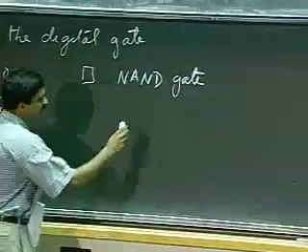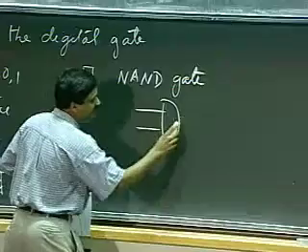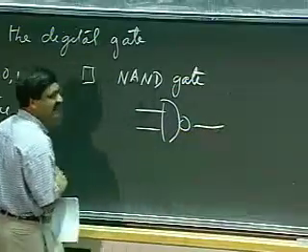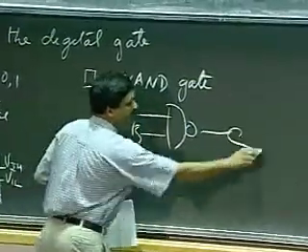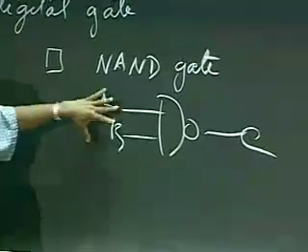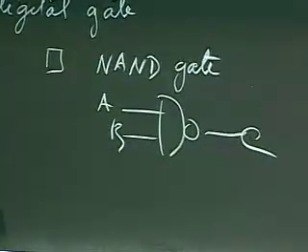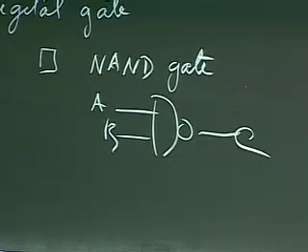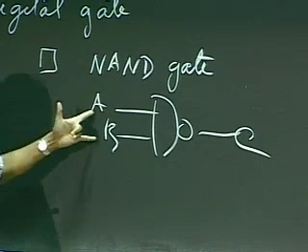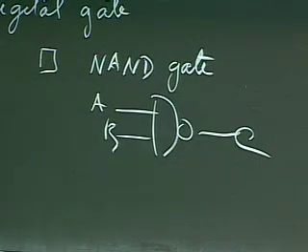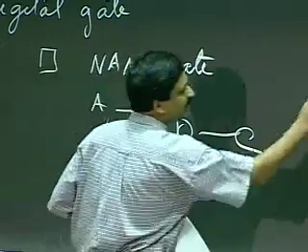Okay, as one example, this is called the NAND gate. Okay, so we looked at the AND gate in the previous lecture. This is an example of another gate called the NAND gate. The NAND gate has the following truth table.